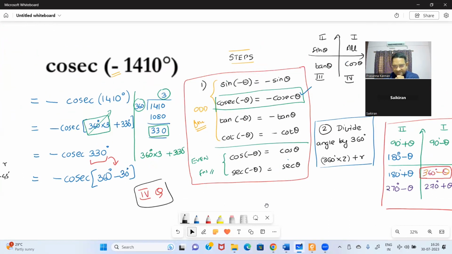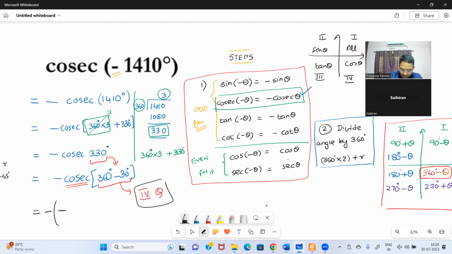Next step is, see here, first time you are learning, you will take time, but once you learn, you can do it very fast actually. So 360 minus 30 lies in which quadrant? Fourth quadrant. What about cosecant? It's negative. So already one negative sign is there. Now, because cosecant is negative in the fourth quadrant, I will put one more minus. Clear?